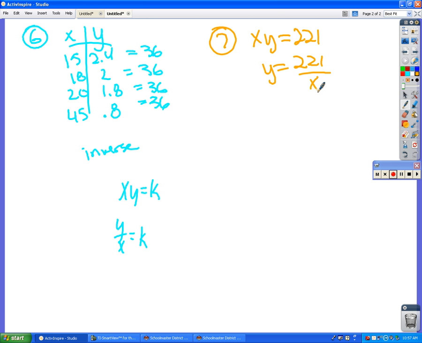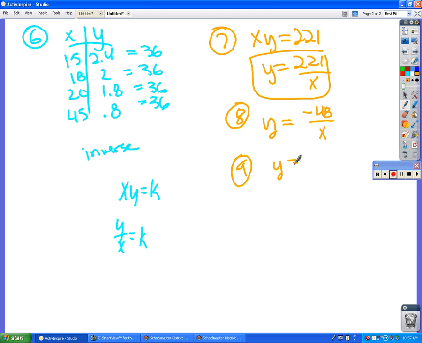Either one's fine. So y equals, for the next one, negative 48 over x. And number 9, y equals, what's a fourth of 52? 13. Negative 13 over x.